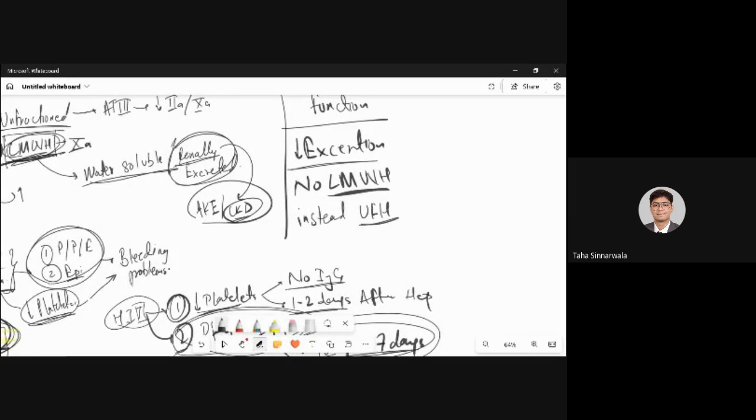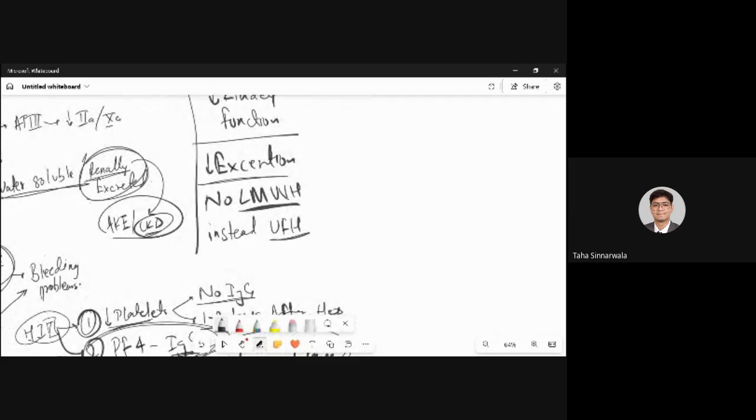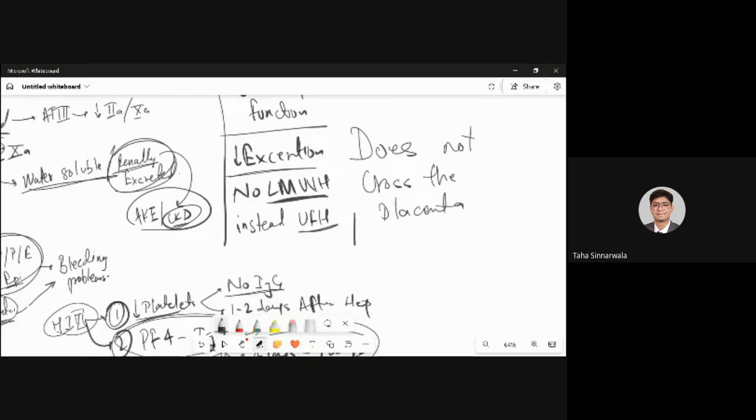So any questions about heparin until this point? No, doctor. No, perfect. So there is one last thing that we need to talk about, which is that heparin does not cross the placenta. Now, what does it mean that heparin does not cross the placenta?